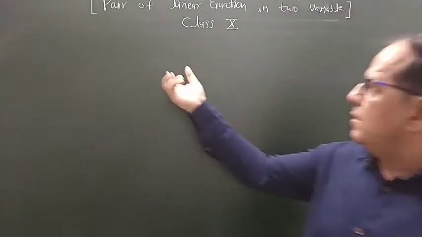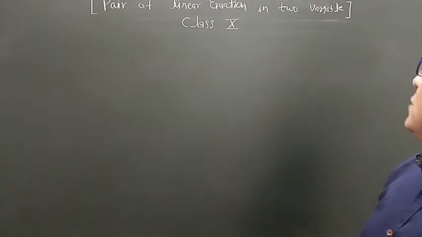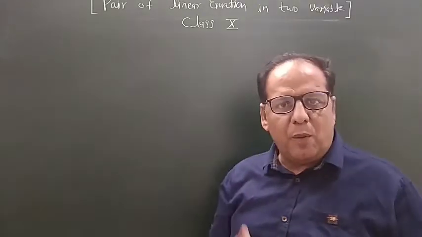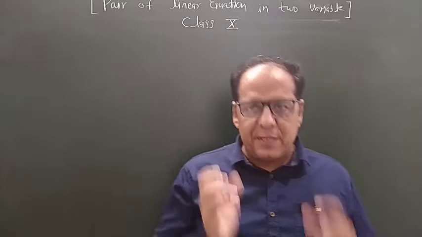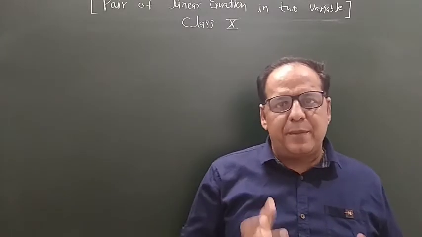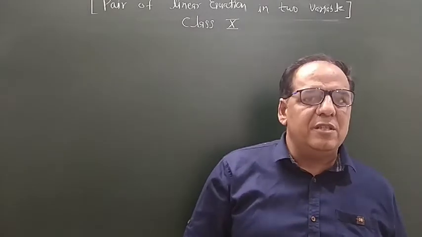So we are now starting the topic: formation of linear equations in two variables from the given data, and after it the graphical solution of the linear equations in two variables.